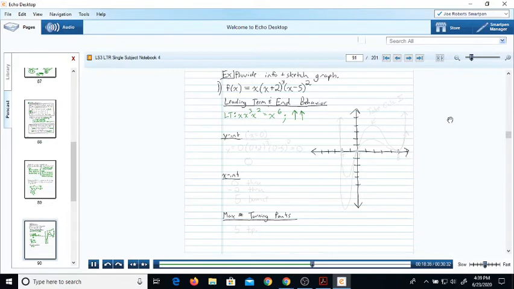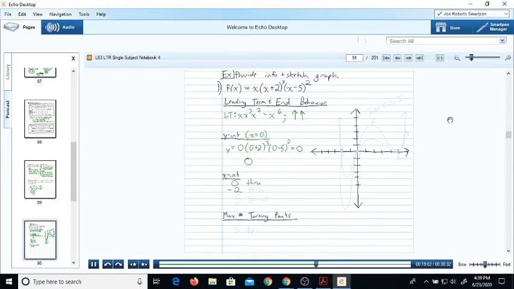And then you got y-intercepts. We're doing those on the second exam. You set x to 0 and solve accordingly. So we have y equals 0 times 0 plus 2 cubed times 0 minus 5 squared, which equals 0. So we have a y-intercept at 0. X-intercepts, we have everything factored. So we have 0, which is multiplicity 1, so it's going to go through.